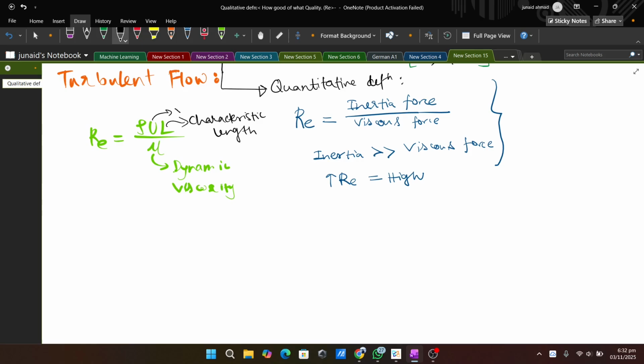Okay, so we get this dimensionless number by just some observation: inertia force over the viscous force.